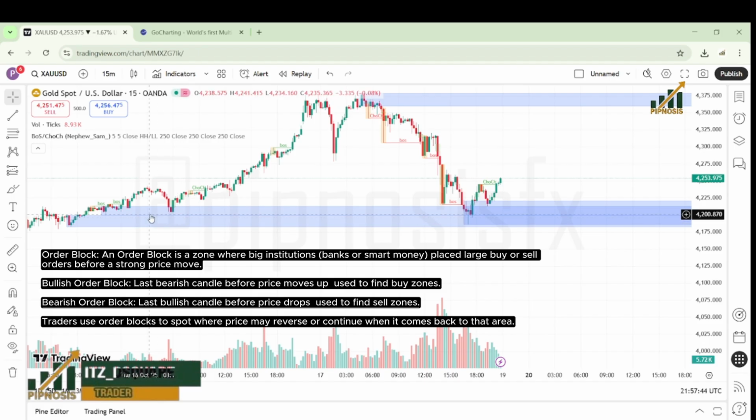So now from here, you have to map out the order block level, the order block zone. It was mapped out here, and over time, gold came back to that level to test the order block that was created where price took off previously. When it got to that level, it reacted to it and created another buy order from that level.